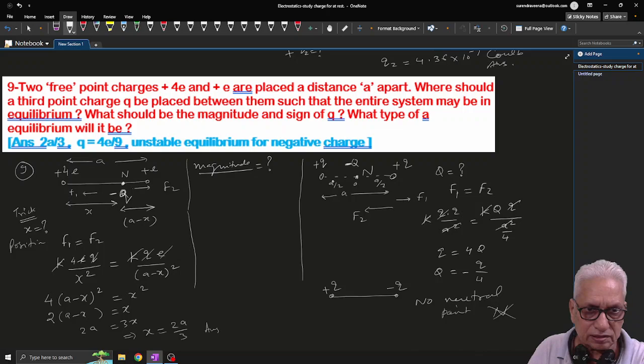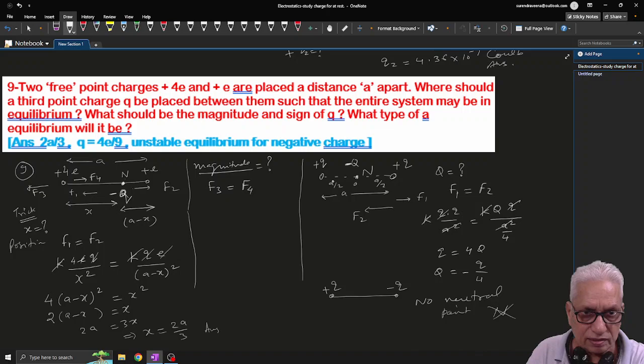Let us see this. So this is repelled by e, suppose F3, and this is attracted by minus q, this is F4, means F3 and F4 को हम इक्वल करेंगे, so मैग्नीट्यूड निकल जाएगा.